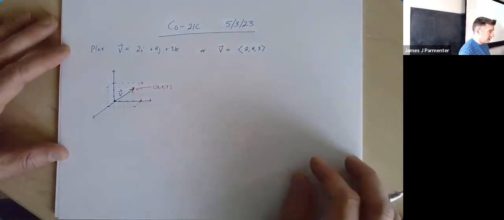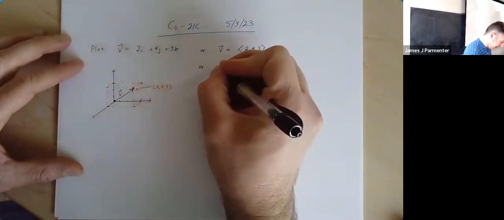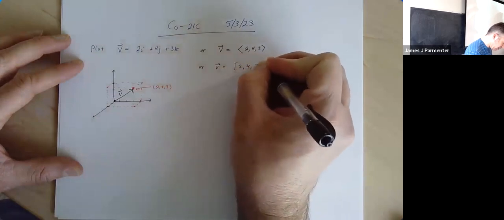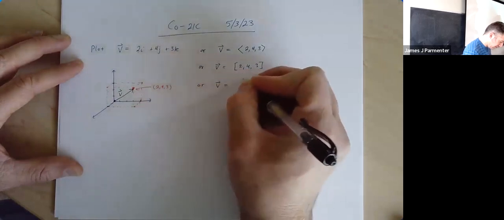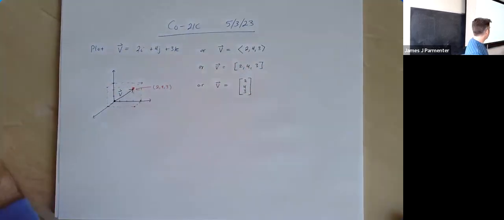People also use square brackets as well. It would be totally acceptable to write it as 2, 4, 3, or even a vertical column. These are all totally fine ways of writing vectors. Sometimes people even use parentheses, which I find particularly annoying because we also use that notation for points. So I will probably not ever use that notation, but sometimes people do.